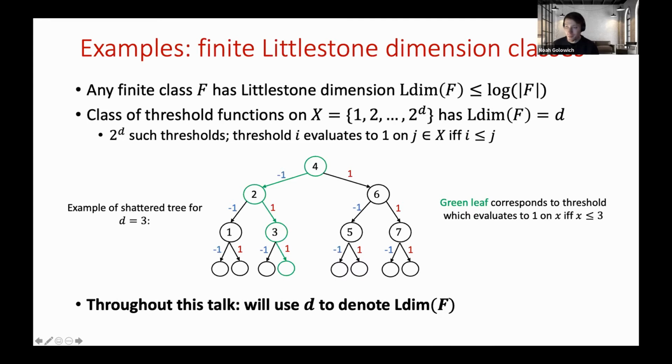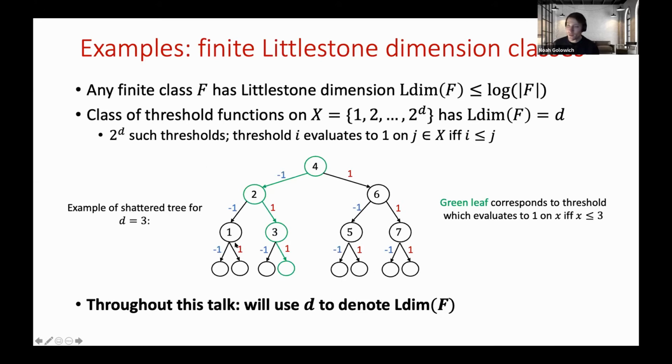So, one example showing how a leaf might have a hypothesis corresponding to it: for this green leaf, we want a hypothesis which evaluates to -1 on 4, to 1 on 2, and evaluates to 1 on 3. One example of such a hypothesis is the threshold which evaluates to 1 on some value X if and only if X is at most 3. And you can check that there exists a threshold in this manner for every leaf on the tree.